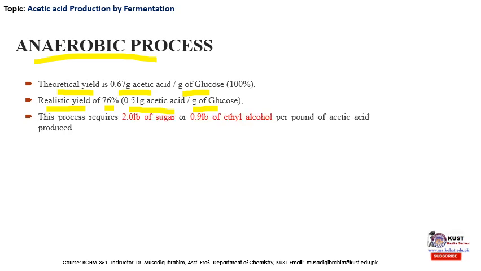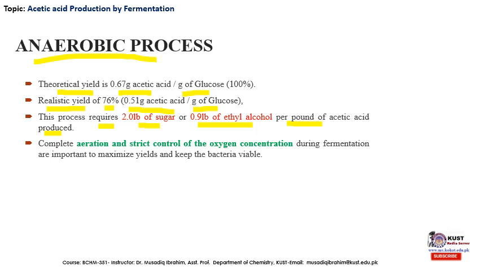The process requires 2 pounds of sugar or 0.9 pounds of ethyl alcohol or ethanol per pound of acetic acid to be produced. Complete aeration and strict control of the oxygen concentration during the fermentation process are important to maximize yields and keep the bacteria viable.